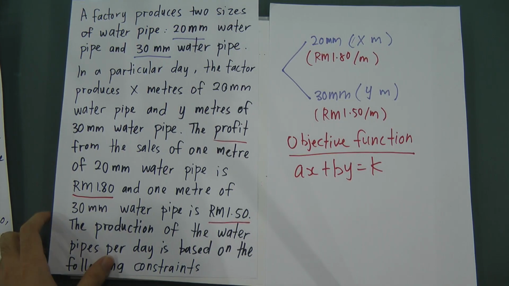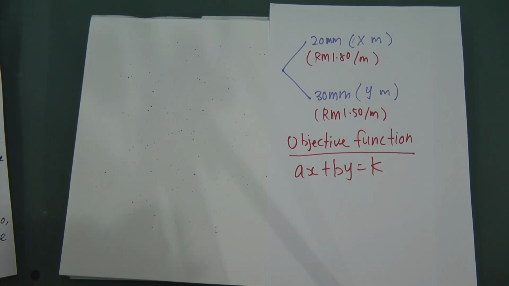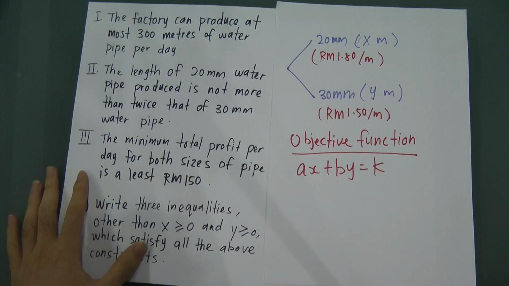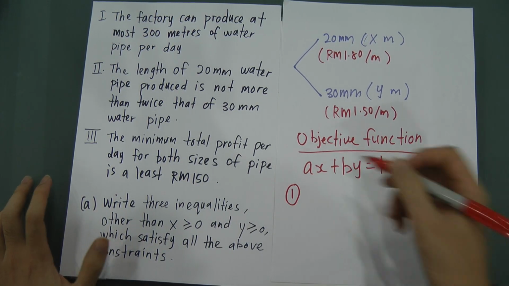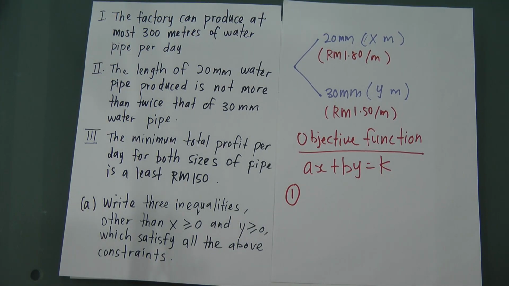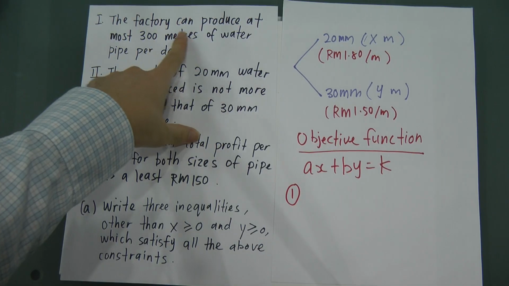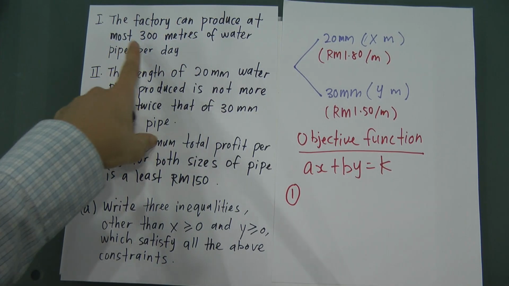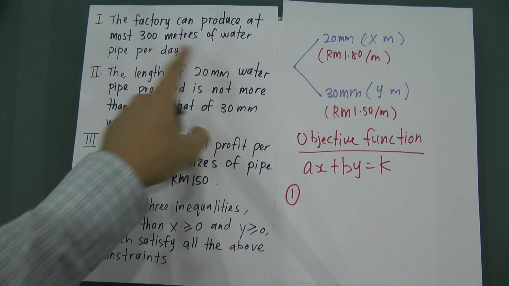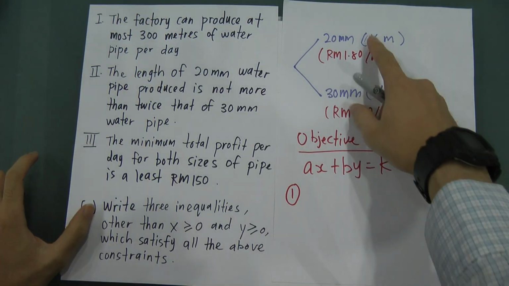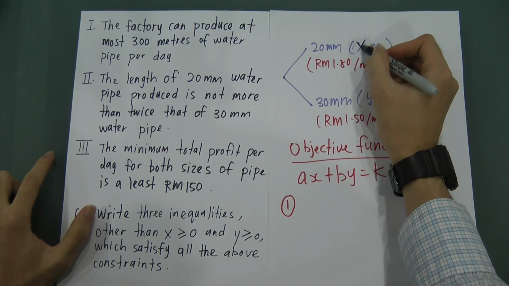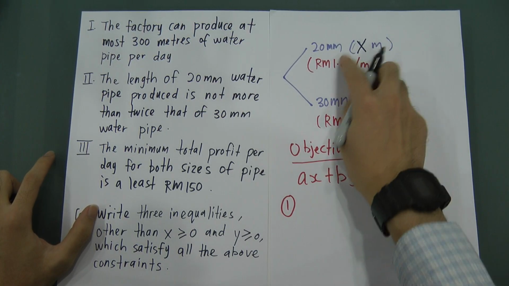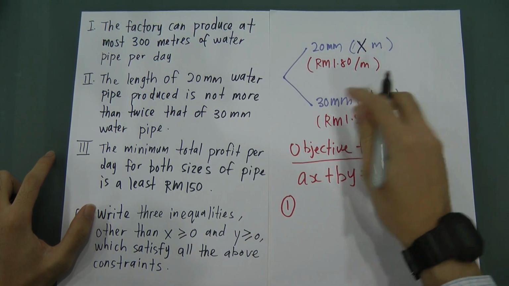Then we go to the 3 inequalities. First one, maybe I use red color. He said the factory can produce at most 300 meters of water pipe per day. This is the volume. They produce x meters of this type and y meters of this type.